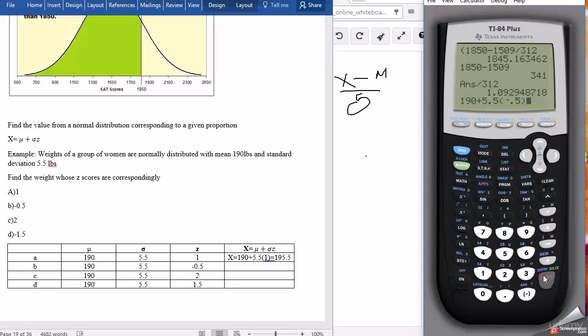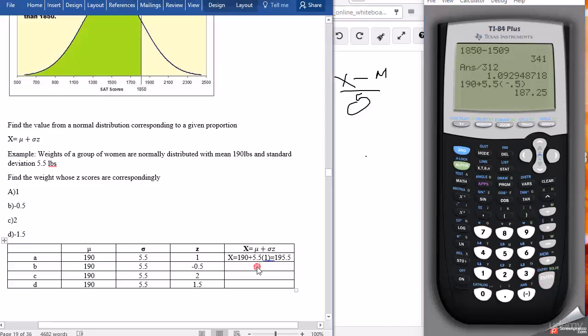Okay, so we enter. So what we get here is 187.25. That's what we have. Okay, so that is how we find the raw score if we know the mean, the standard deviation, and the z-score. Okay, so you can now work on the rest of these problems.